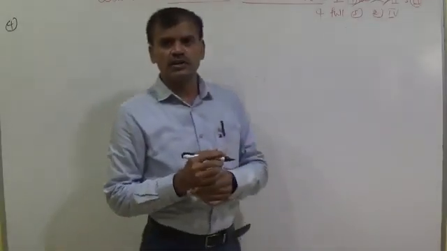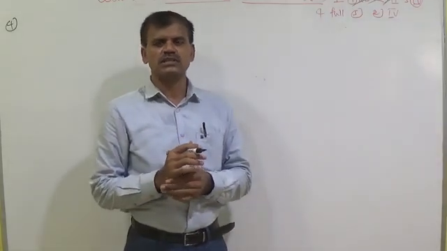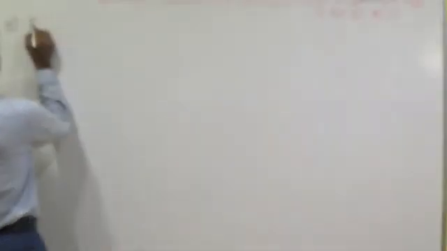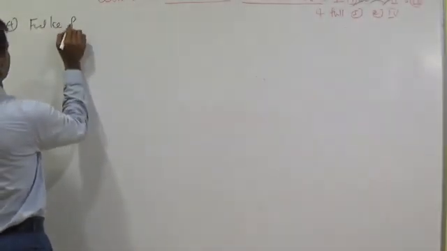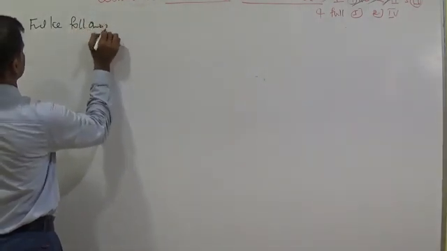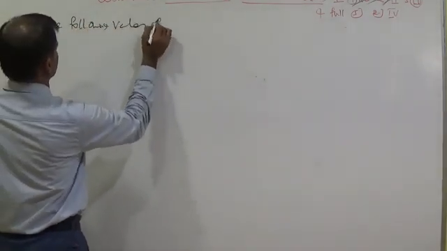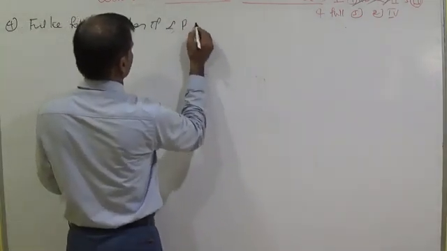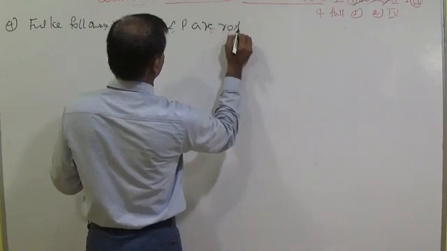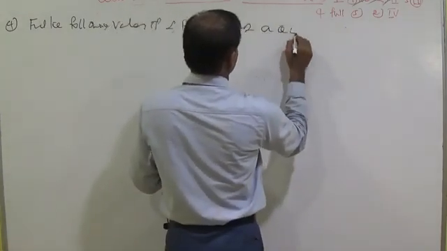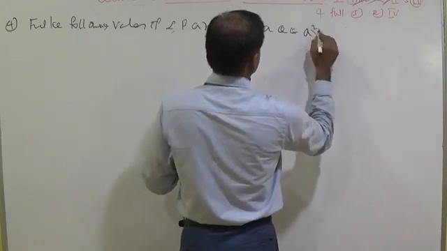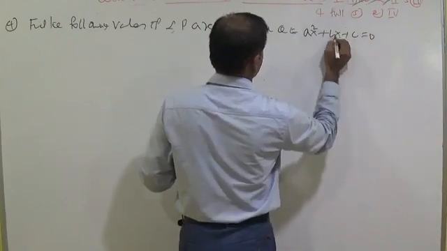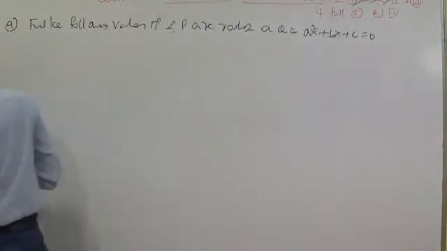Every sum I am telling to you because this is needful, this is necessary for the objective. Find the following values if alpha comma beta are roots of the QE AX square plus BX plus C equal to 0.